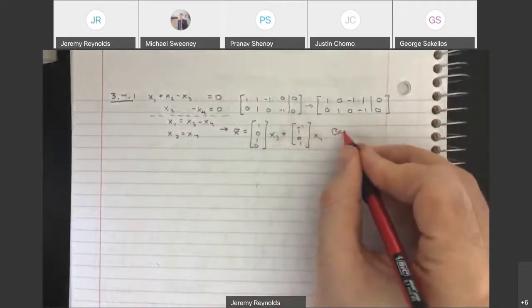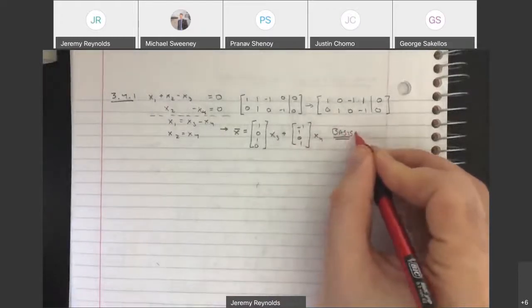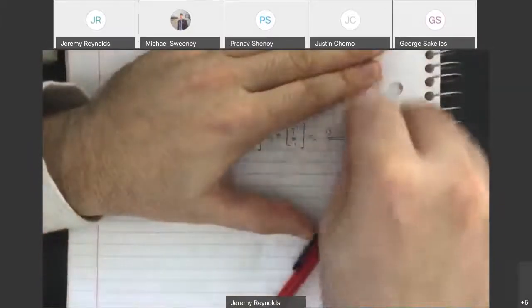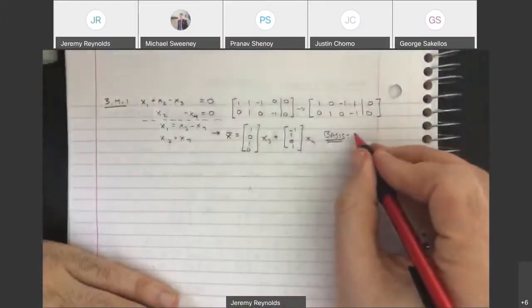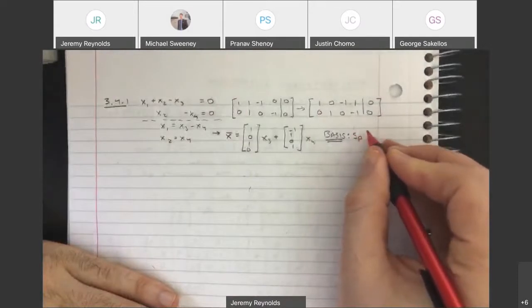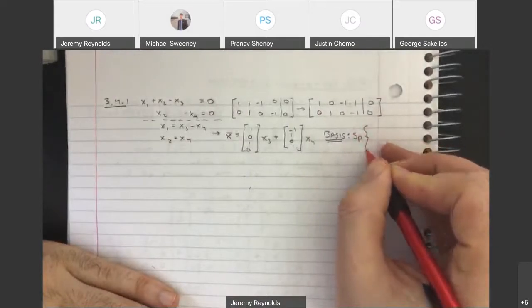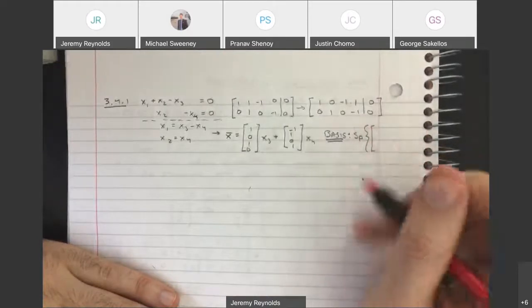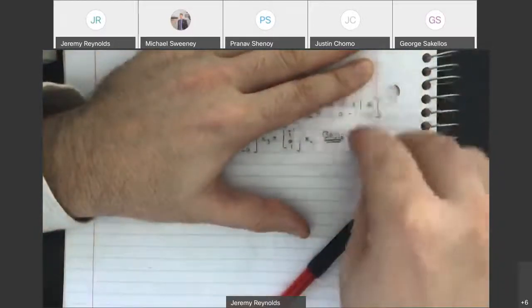So our basis is going to be the span of, or sorry, the basis will be the set itself.